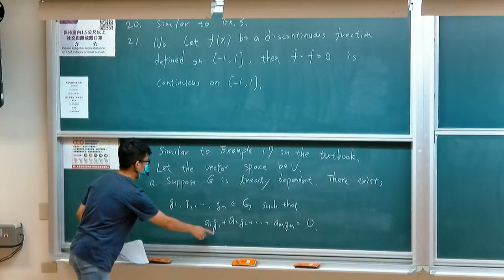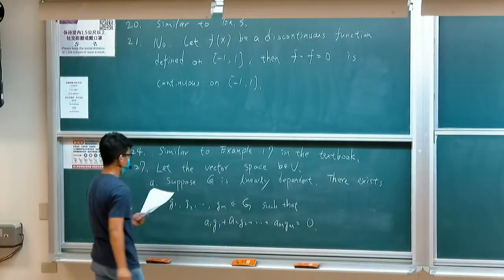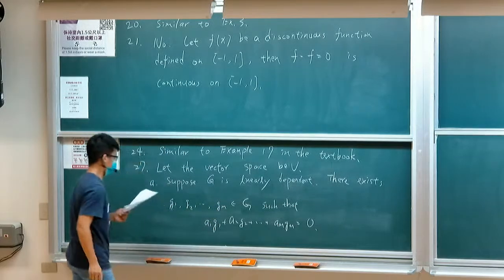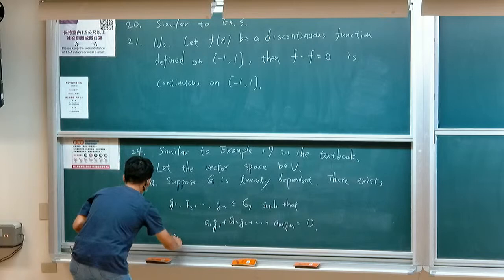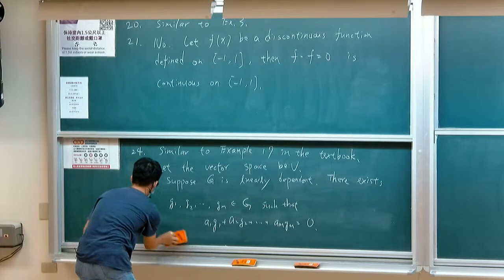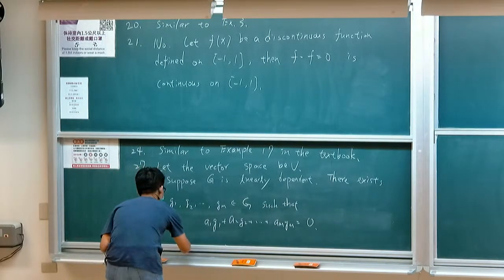Since G is inside H, G1 to Gn is also inside H. Then it gives us that H is also linearly dependent.